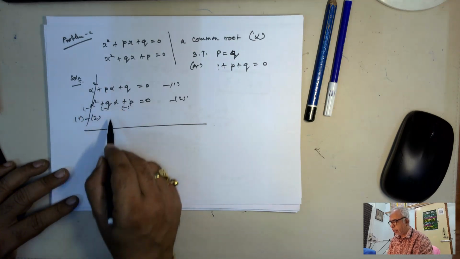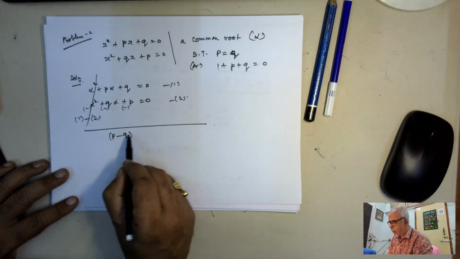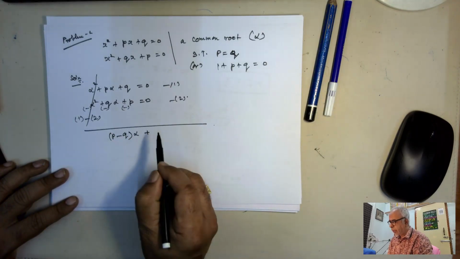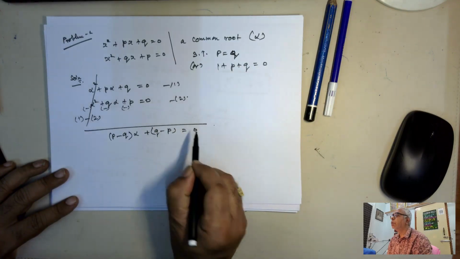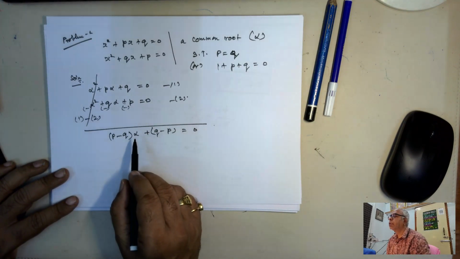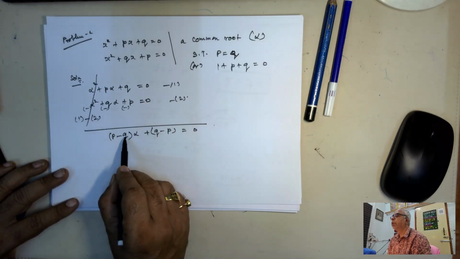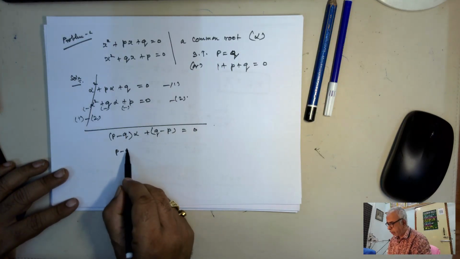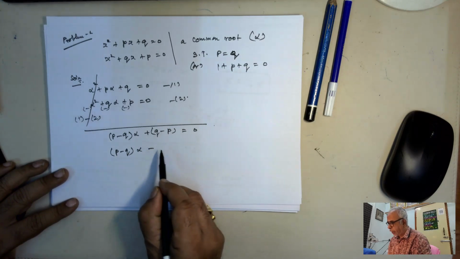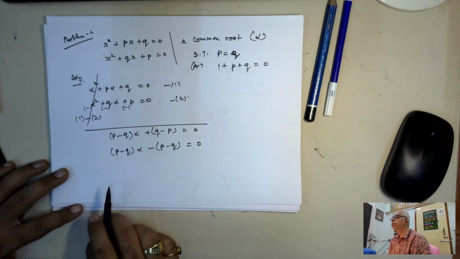Minus, minus, minus, so you can strike it. And what is this? Alpha being common, that is p minus q of alpha, right? And similarly here, q minus p is equal to 0. So you can change this as minus of p minus q. So p minus q of alpha minus p minus q is equal to 0.